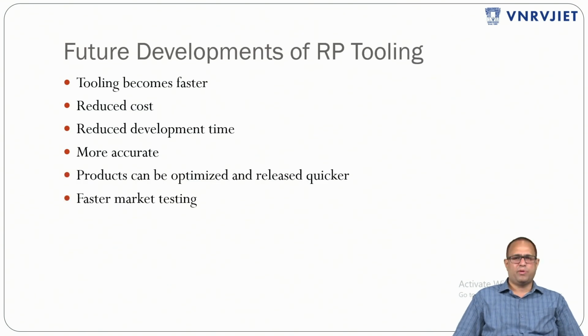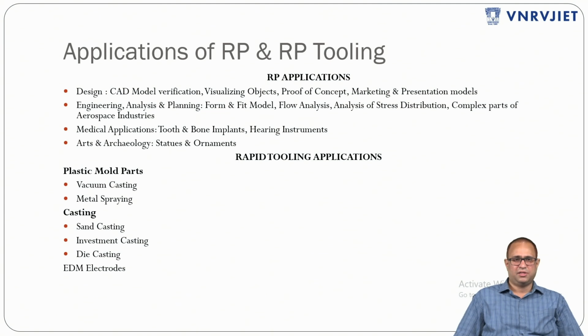And the future developments of rapid tooling: the R&D work is happening nowadays, especially. The tooling is going to become faster and cost is going to be gradually reduced, with shorter development time, more accuracy and faster market testing.